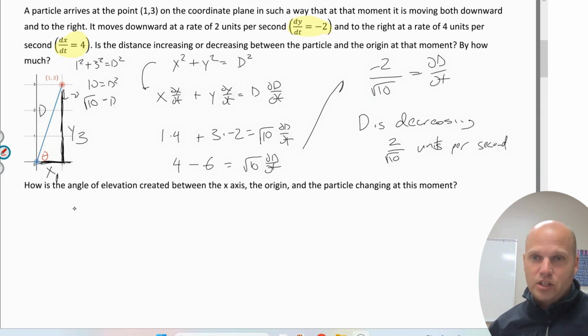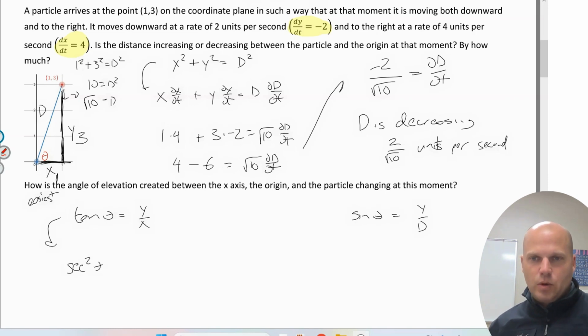I'm also going to use tangent for this one. And just for this purpose, I'm also going to do sine. Okay, I'll show you how you can get both answers. I think this is going to be easiest because of the values that I was given.